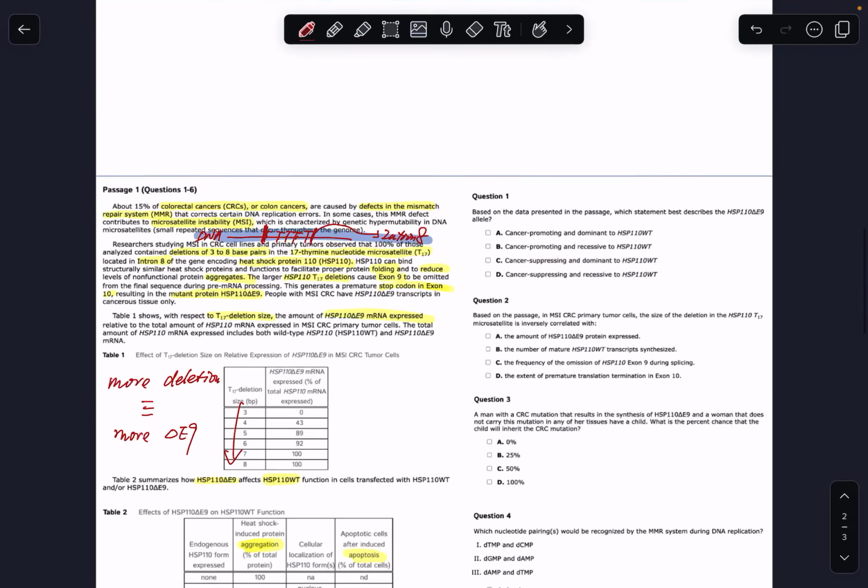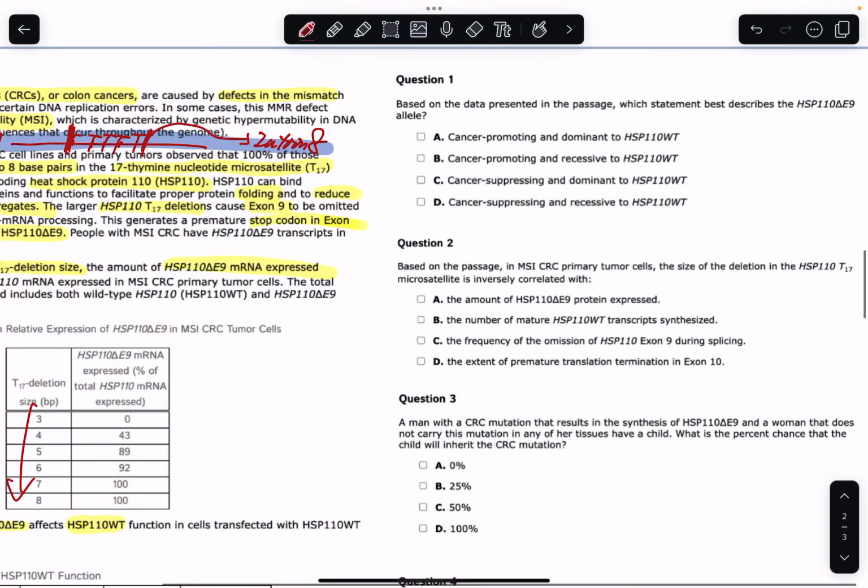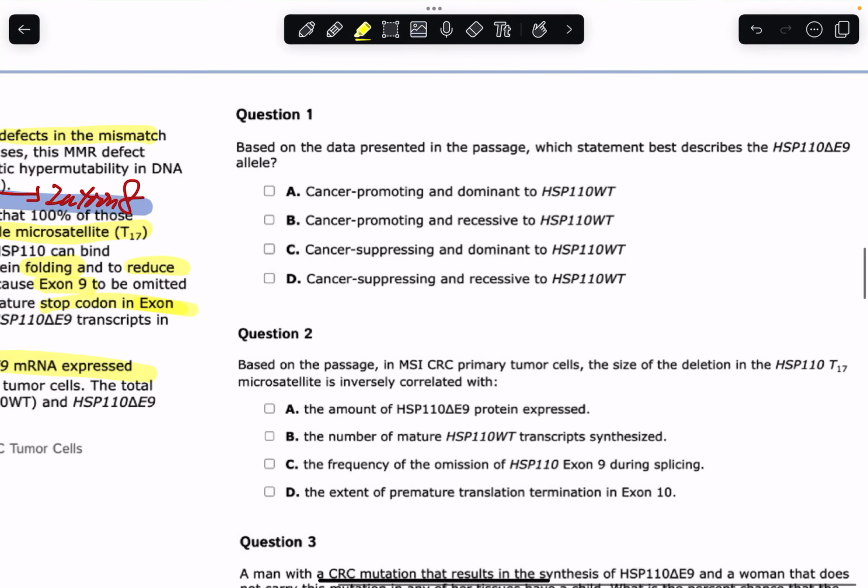Okay, all right. So question 1 says, based on the data, can you guys see that? Based on the data presented in the passage, which statement best describes this HSP110 delta E9 allele? So this question is asking which statement best describes this mutant one, right? And basically I glanced at my answer choices, and it's asking me if it's either cancer promoting or cancer suppressing, and if it's dominant to this wild type or recessive to this wild type, right?